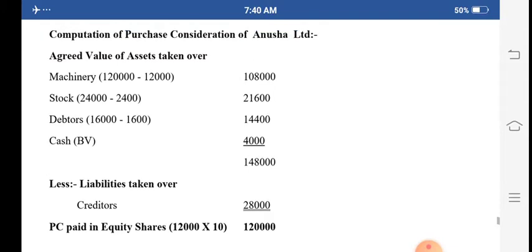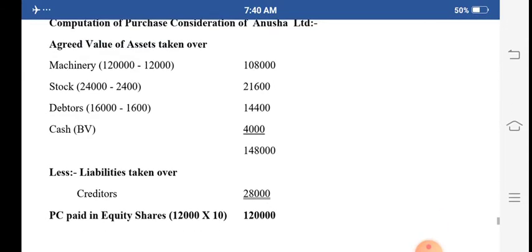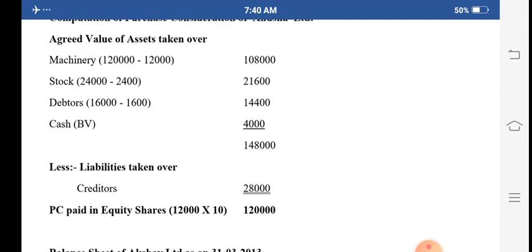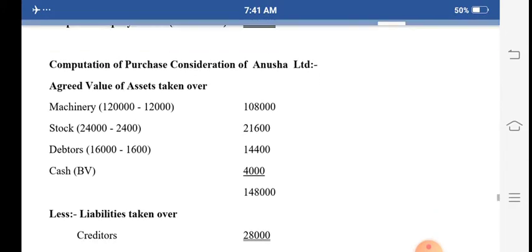Next, stock is 24,000 at book value, less 10%, which is 2,400, so it is 21,600. Debtors are 16,000 in the balance sheet, minus 10%, which is 1,600, so the remaining amount is 14,400. Cash is at book value only, 4,000.